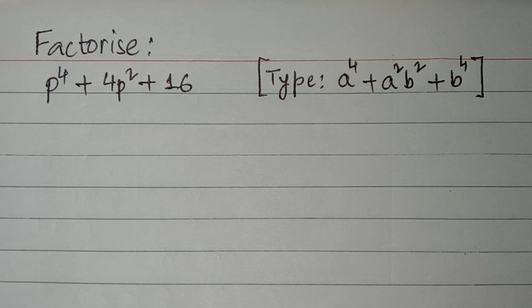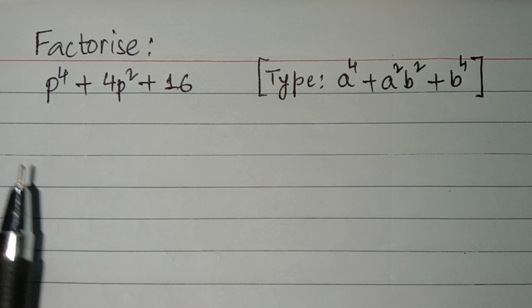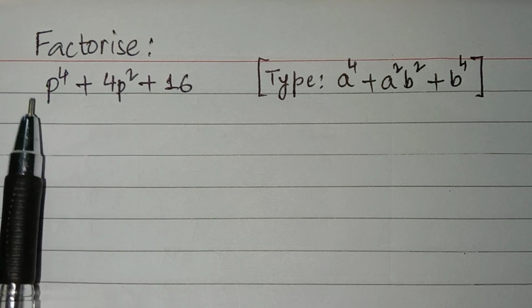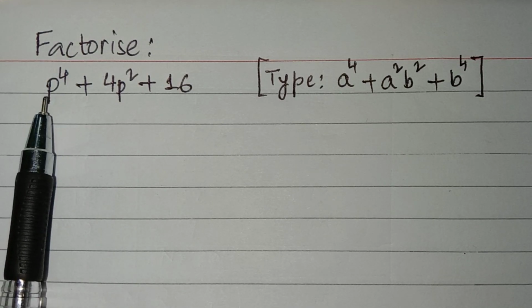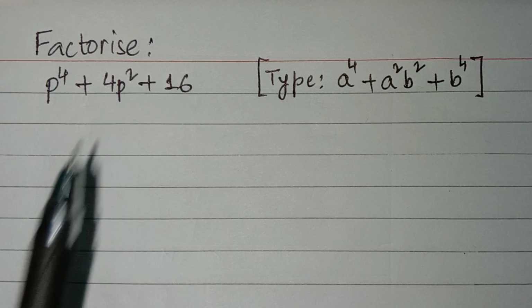First of all, before factorizing, let's check a and b here. In this type, a and b are these terms. So here, this one is a and this is b. And we can see that p power 4 can be written as the square of p square and 16 as the square of 4.